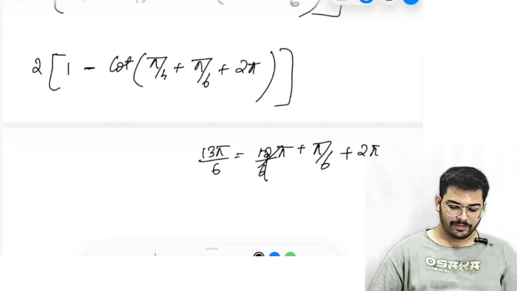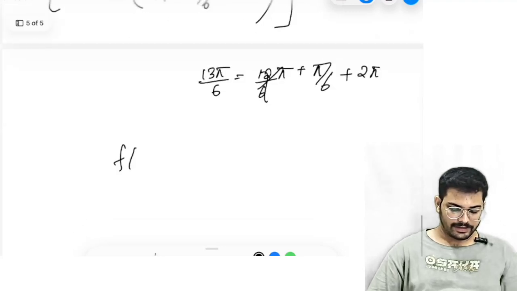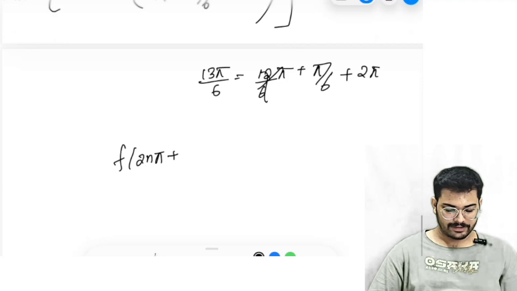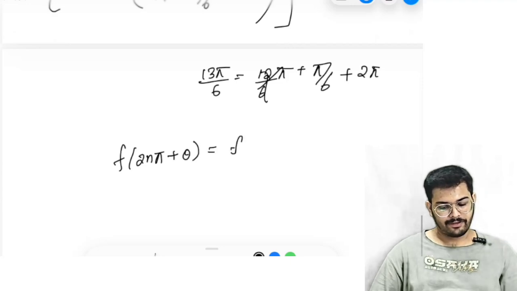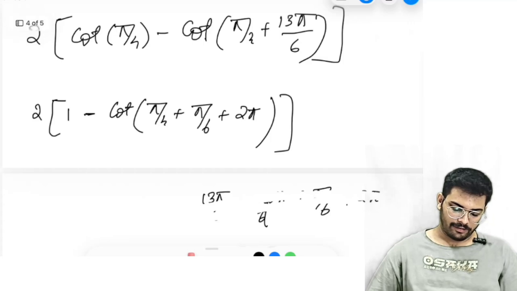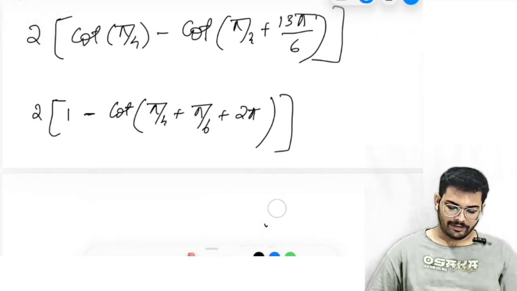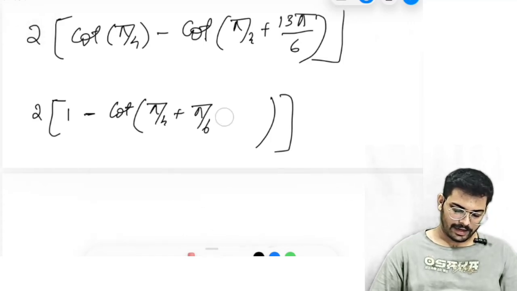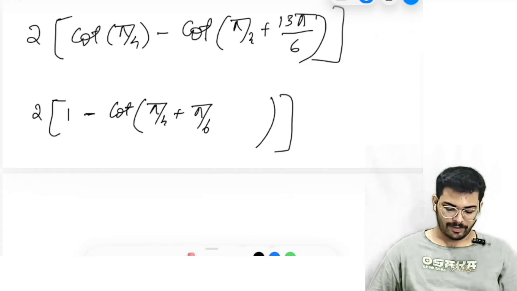We already know for trigonometric functions, f of 2n pi plus theta will be equal to f of theta. Since 2 pi is the period and all trigonometric functions repeat after 2 pi, we can directly replace this as pi by 4 plus pi by 6.